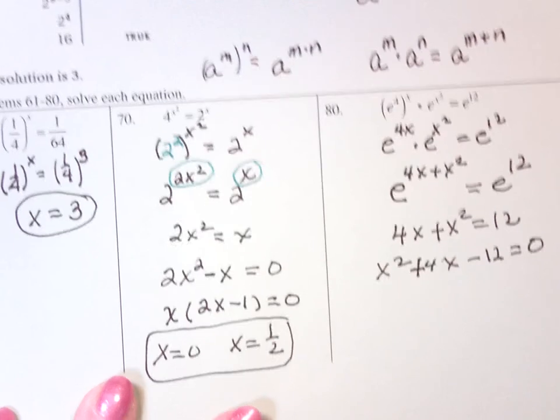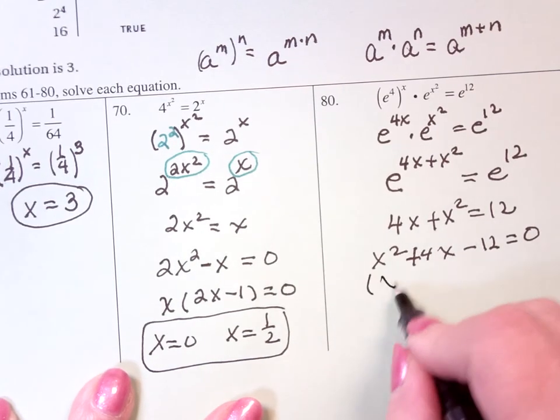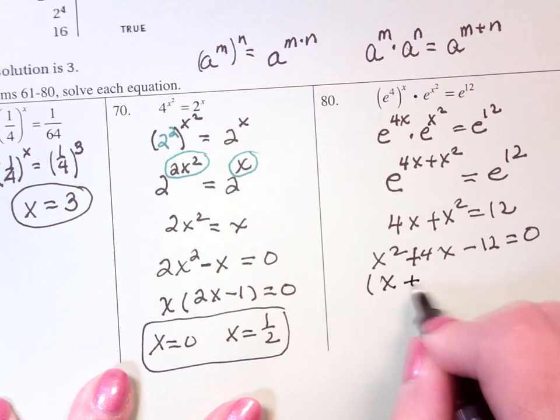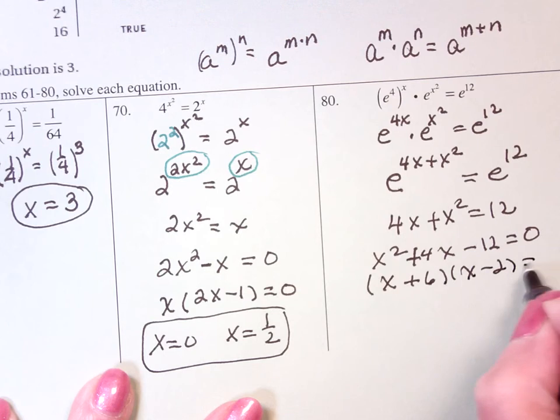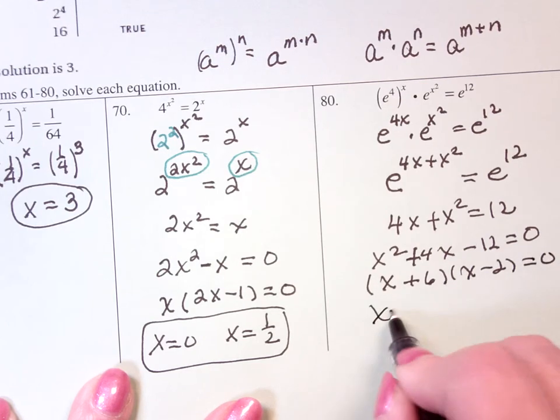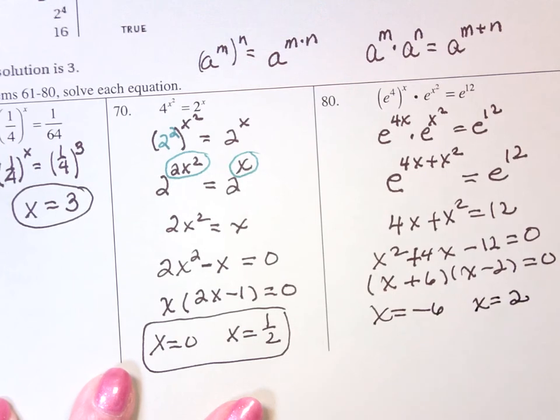And hope it factors, and it does, thank goodness. This is x plus 6, x minus 2 equals 0, so that x is negative 6, x is positive 2.